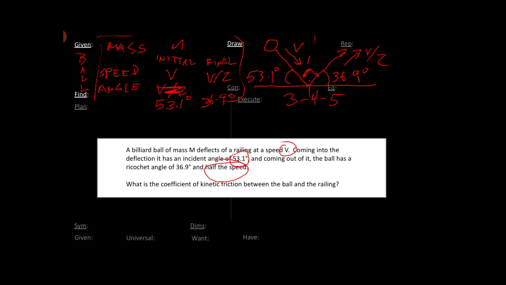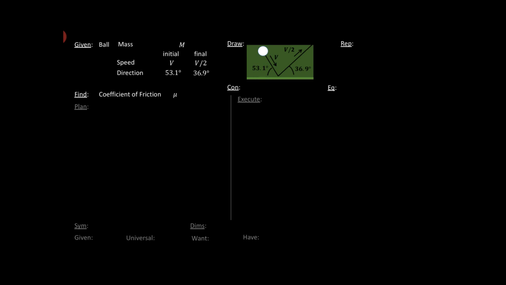We're going to figure out something about the felt, which is the coefficient of friction. Okay, so is that it? I think that's all I actually need for this, or at least at this time. That might change a little bit later on. Let's see what we see.